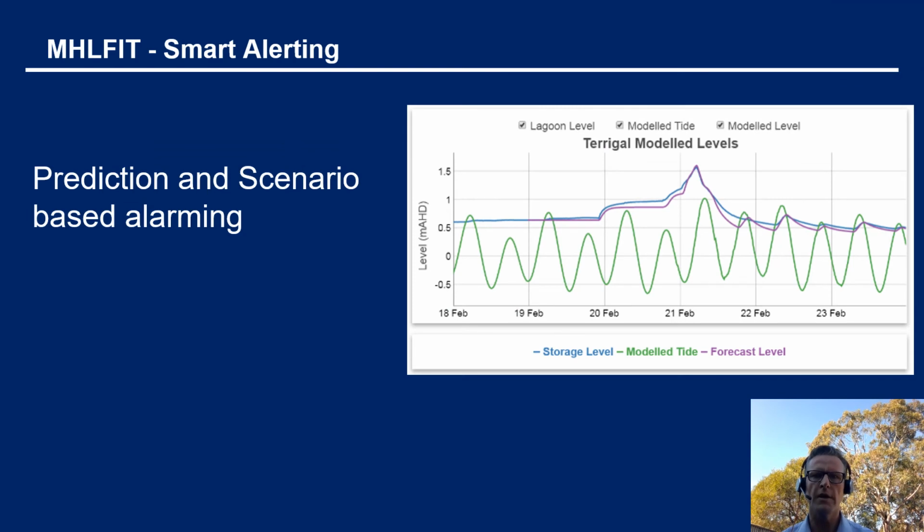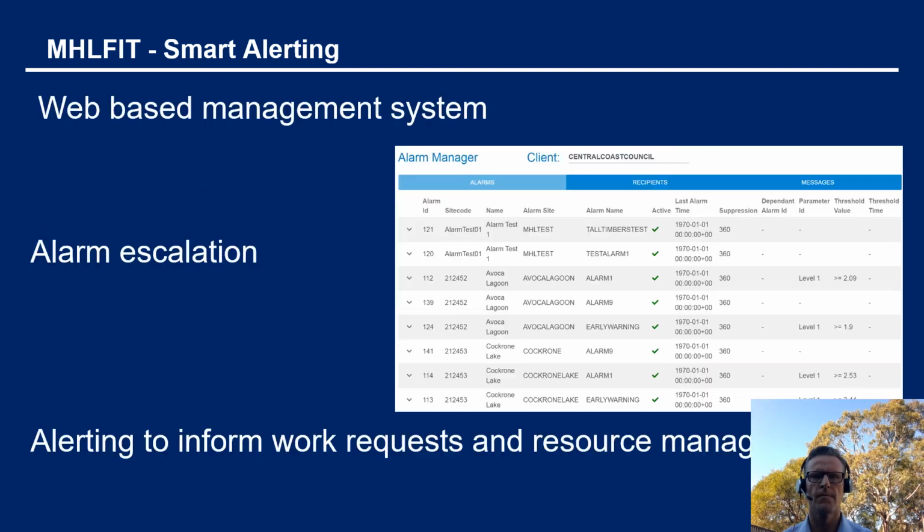The real-time modelling runs every 15 minutes, and the results trigger alarms if specific thresholds are met. These can include water levels, rates of rise, and various other calculations. The alarms and the alerting I spoke about are managed by a web-based alarm management system, which has been built with an escalation process.